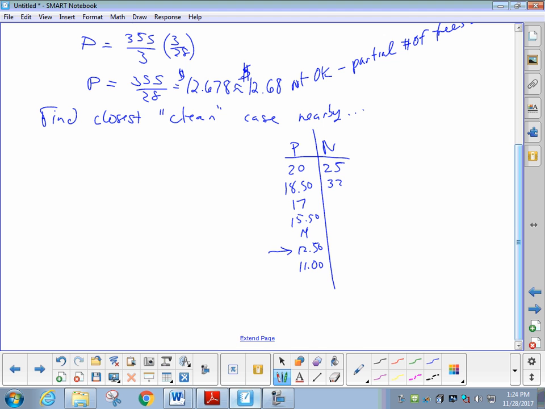This case is the one that's closest to the price that we found. And so we're going to go with that case. When I set the price of $12.50, I get something like 46, 53, 60 trees. You follow?